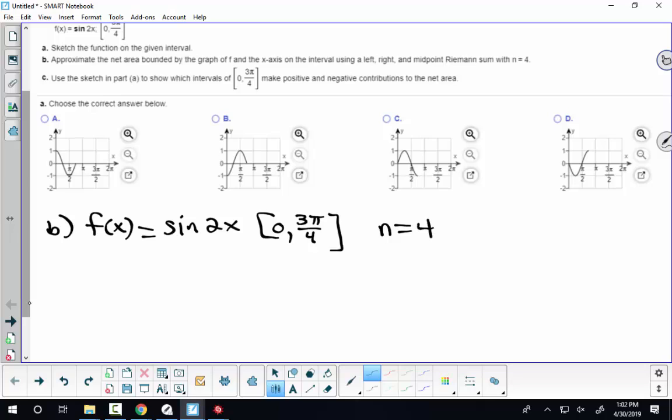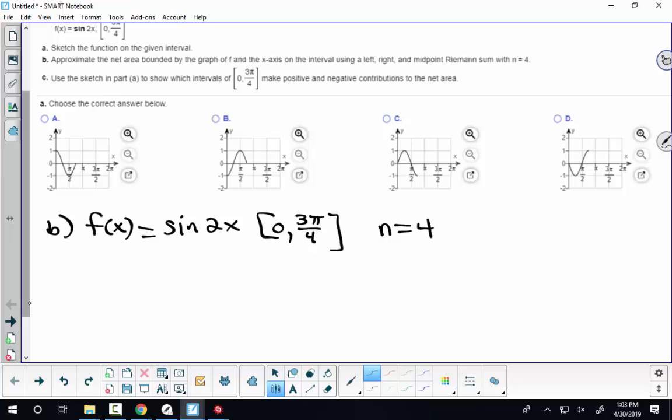So remember, the n corresponds to what? The number of rectangles within the area we're trying to approximate.